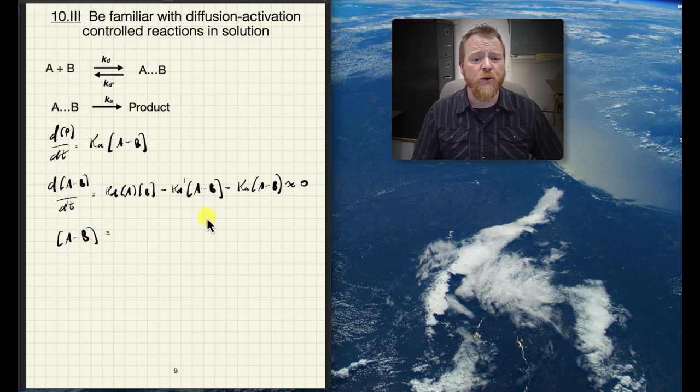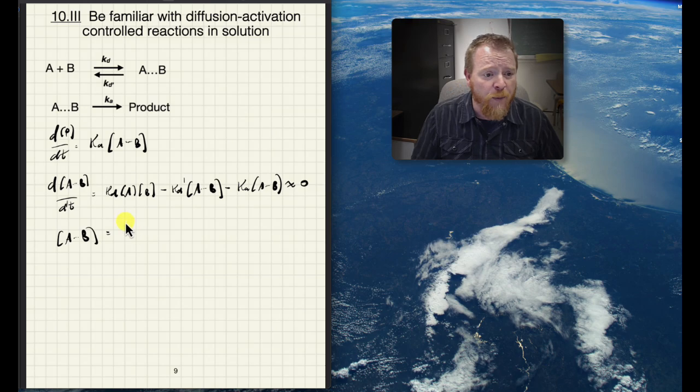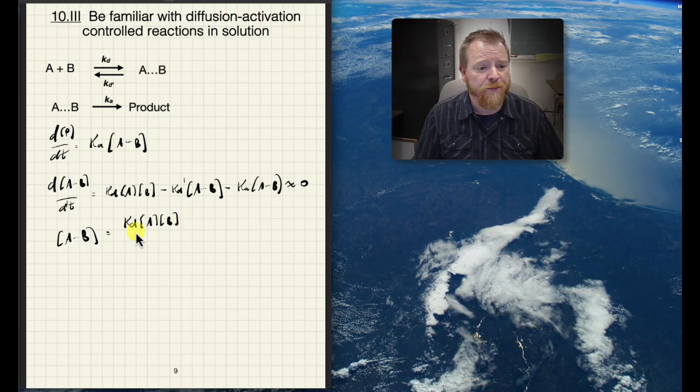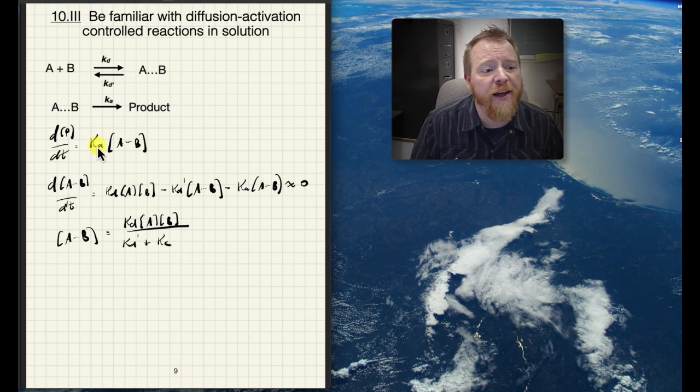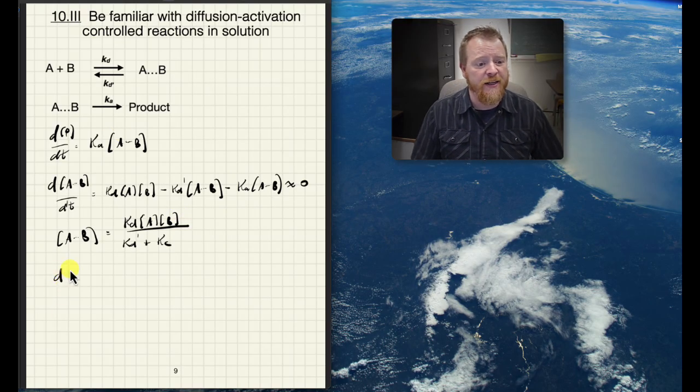So now if we do the algebra here, I'm just going to present that directly. We end up with the following. So that becomes Kd times A times B all over Kd prime plus Ka. And if we plug that into our dP by dt, we get the following.